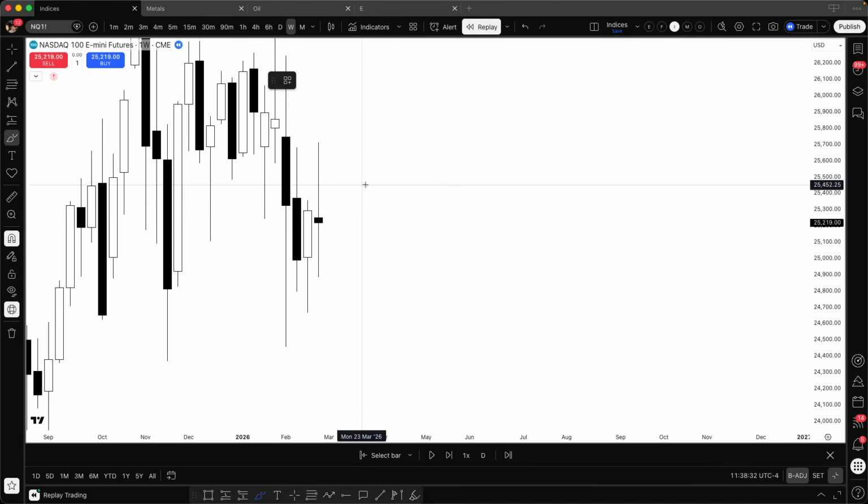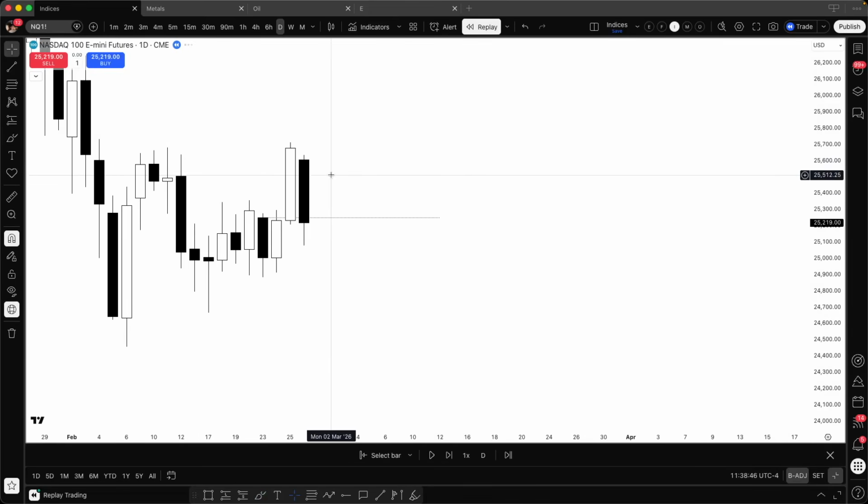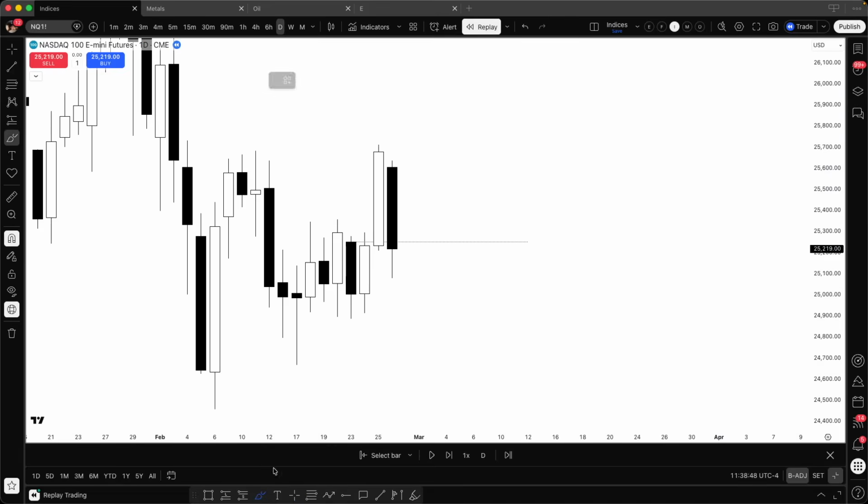The highest probability sequences when you have candles like this is going to be trading from the low of week back into the open, or trading high of week back into the open, and that is exactly what we get here, right? So we came from the high of week back into the open.